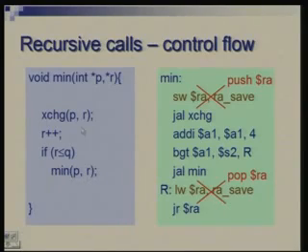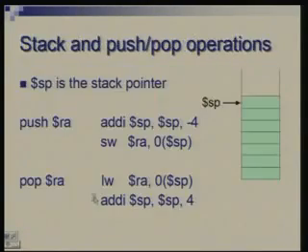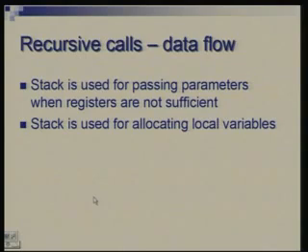Every time a call is made, fresh values are passed on, and what happened to the old values I don't have to worry about. But you could have a situation where there is some code after a recursive call also. You passed on values P and R, but you are still working with them. You need to do more operations. In that case, you cannot afford to lose old values, and the right solution again is to use a stack.